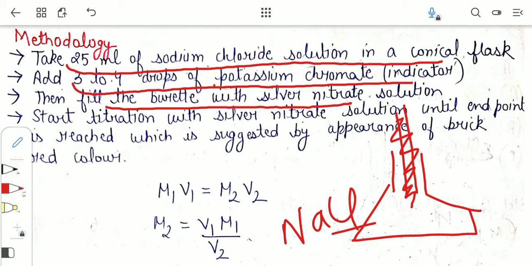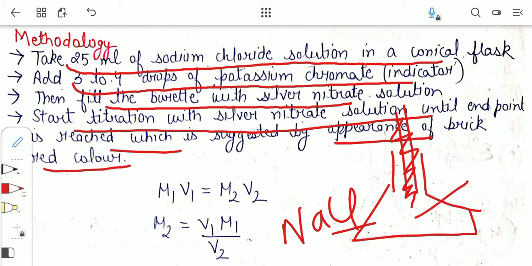We start the titration with silver nitrate until the endpoint is reached, which is suggested by the brick red color. Firstly, white precipitates of silver chloride will be formed, and secondly, brick red precipitates will be formed, which will mark the endpoint of this titration.